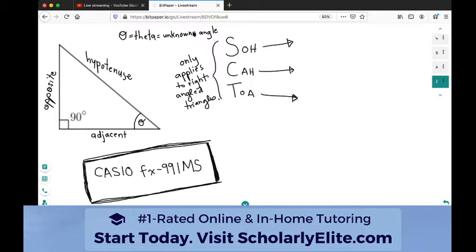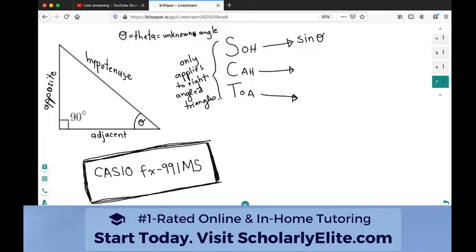So I'm going to show you guys what we do in real life to use the calculator in an effective way. So first I'm going to start with sine. So if I have sine of some angle theta, so again, that little weird sign is another way of saying angle.